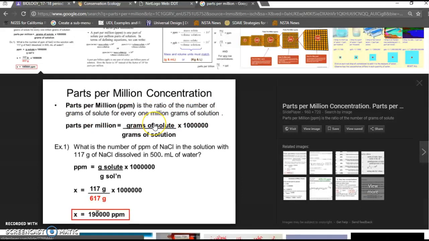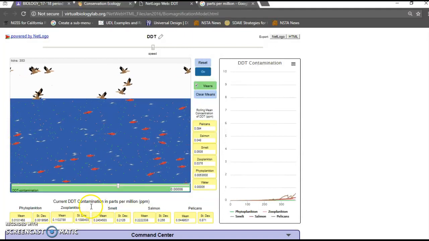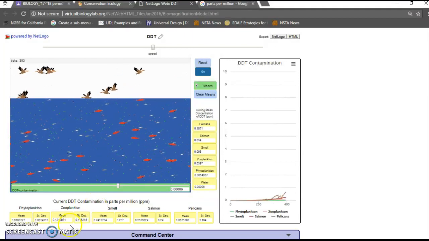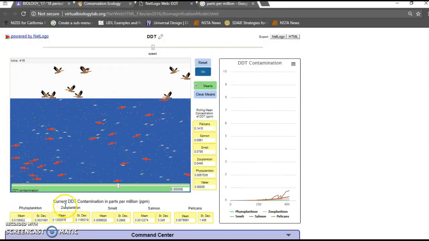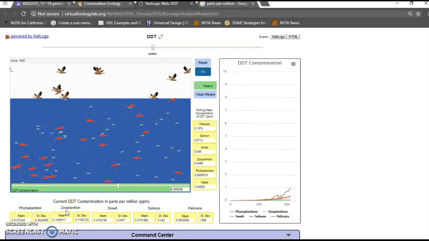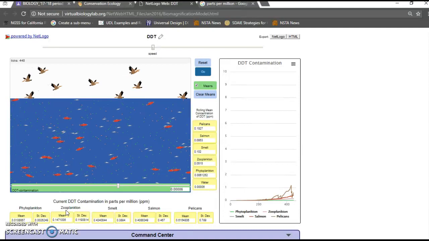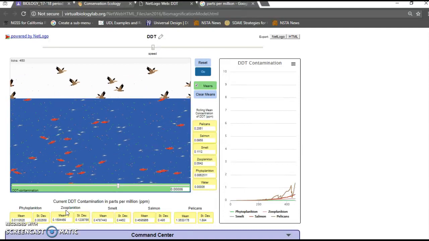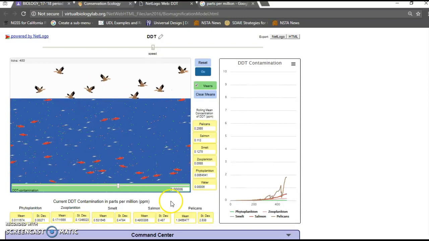So basically it's how many grams of DDT have been dissolved in a million grams of the water around them. In this example, it's 0.1 grams for zooplankton. So the zooplankton are absorbing almost 0.1 grams of DDT, which is a toxin, within the 1 million grams that are around them.